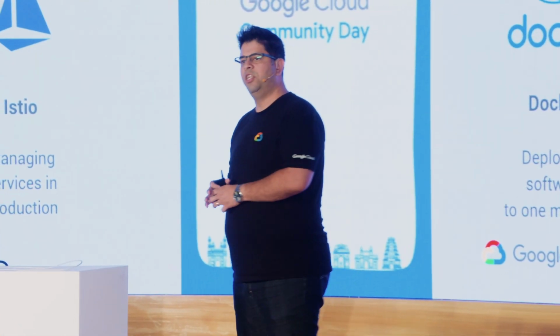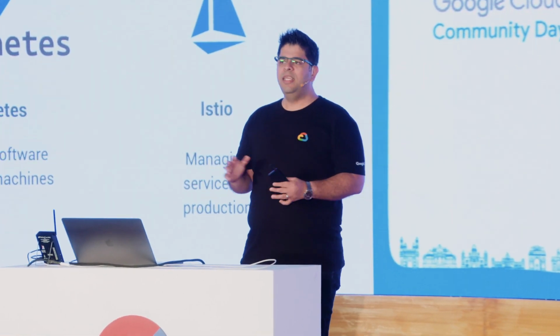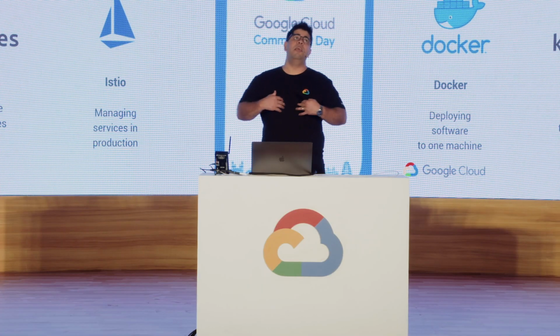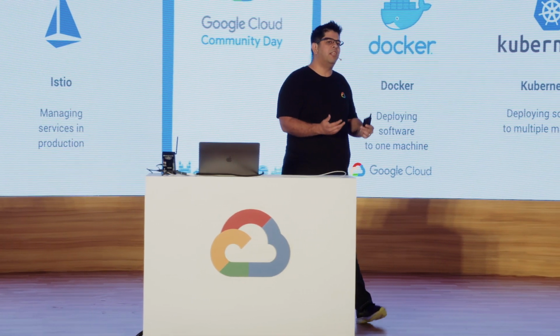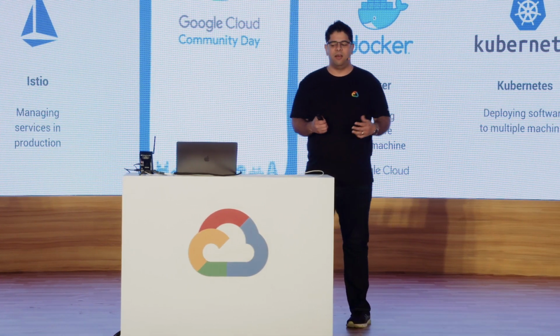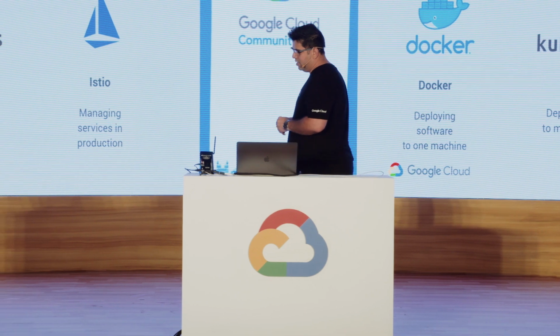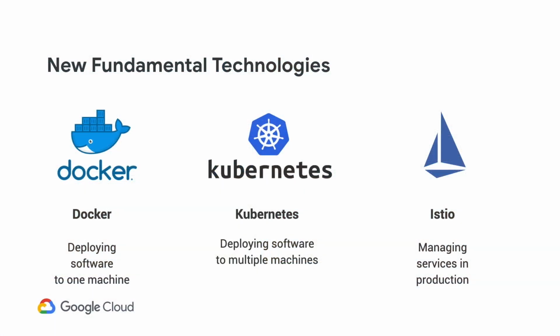There have been a handful of fundamental shifts in technology over the last 7 or so years. These shifts have made it different in the way that we build our applications and the way that we operate them in the cloud as well. So the first one is Docker. Actually, Google has been running our software in containers for over 15 years.